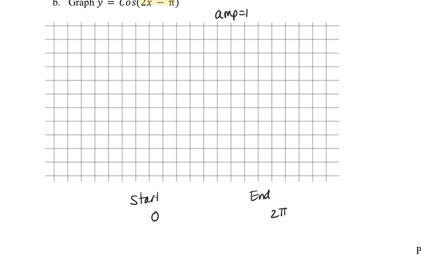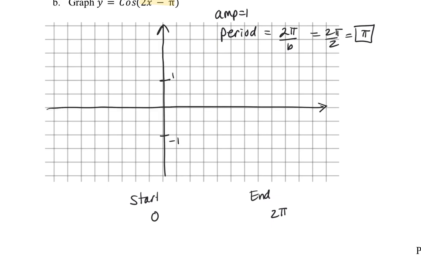Now the b is 2, and so we can calculate our period. Period is the original period of 2 pi divided by b. So in this case it would be 2 pi divided by 2, or pi. Now let's think about our start and our end.